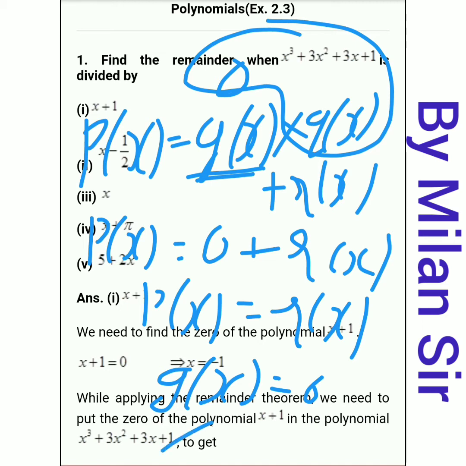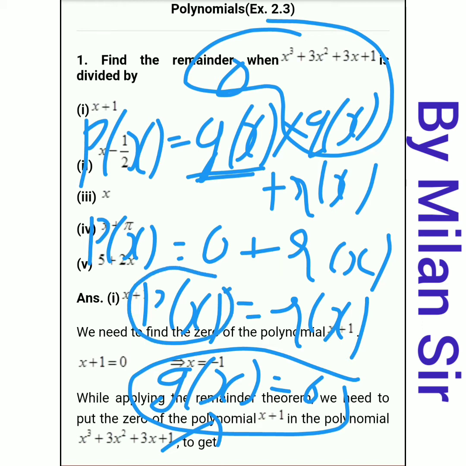So if we put such a value of x that G of x becomes 0, then whatever answer we get for P of x is our remainder R of x.